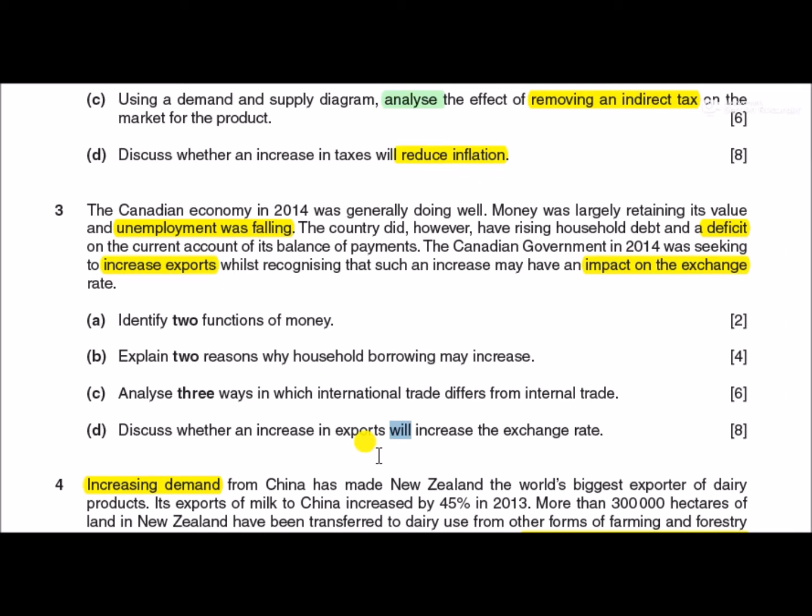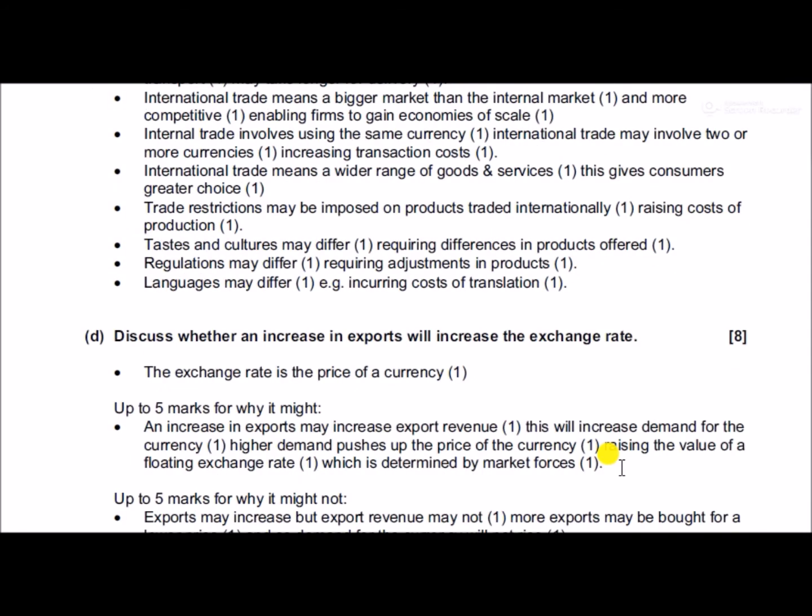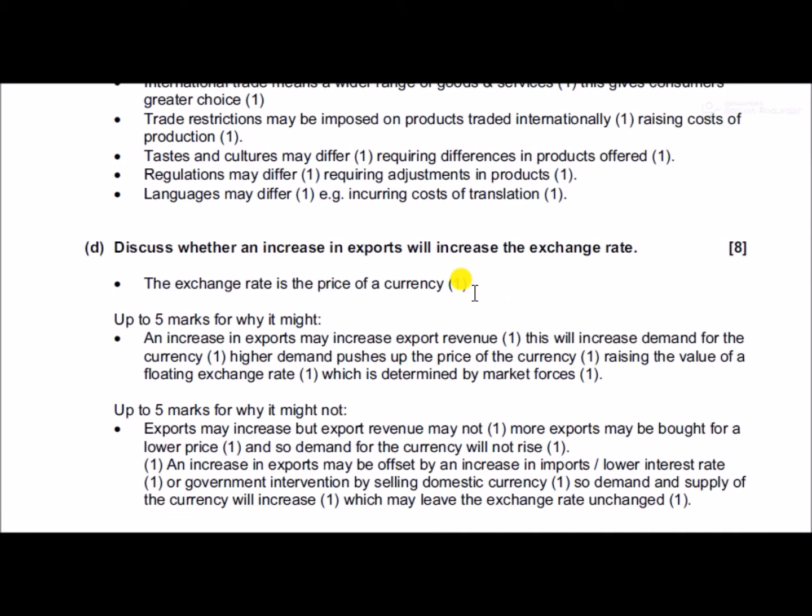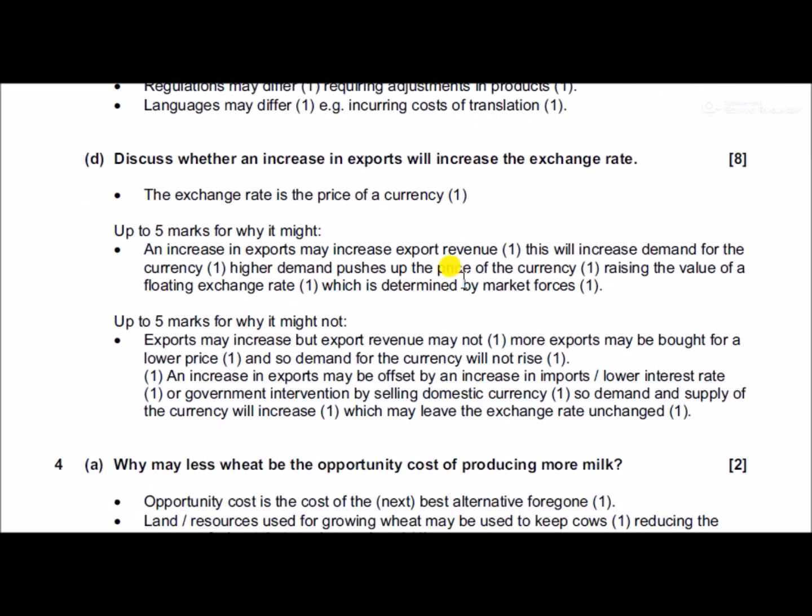However, you'll have to come up with some points that it will not increase the exchange rate. So look at the mark scheme. Question D. The exchange rate is the price of a currency in terms of another, so you get a mark for definition. You want to come up with 1 or 2 points that it will, and 1 or 2 points that it will not. 4 on each side would make it a nice 8 out of 8.